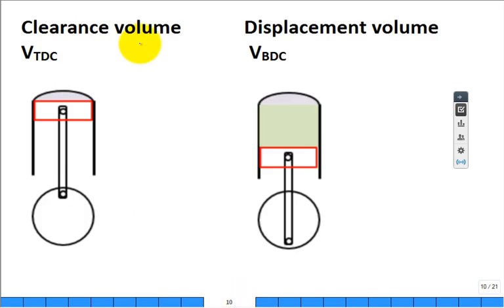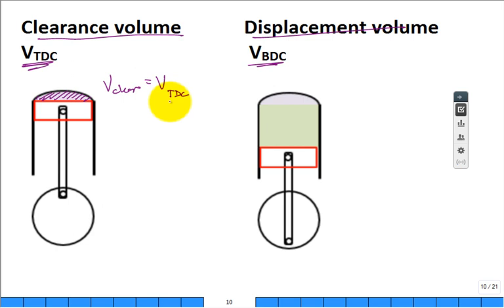Also, we want to talk about clearance volume and displacement volume, and the volume at top dead center and the volume at bottom dead center. So here, the piston's at top dead center, and this volume right here is the clearance volume. And it's also the volume at top dead center. All right.